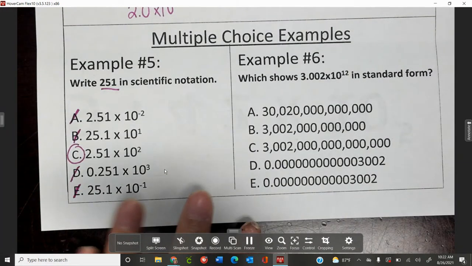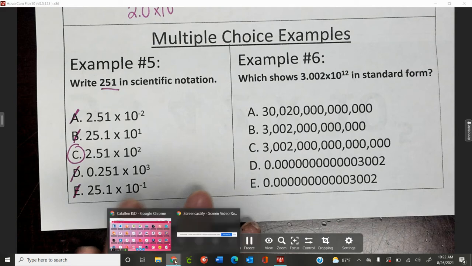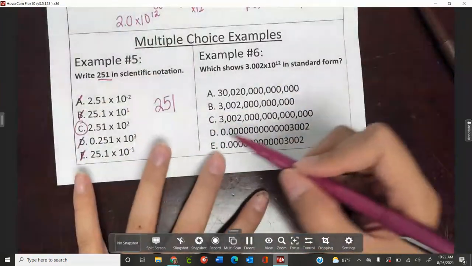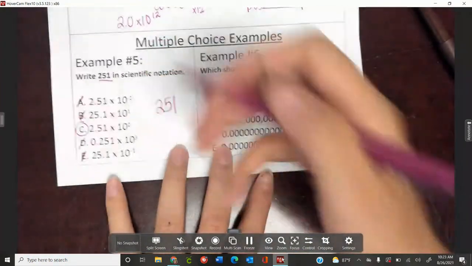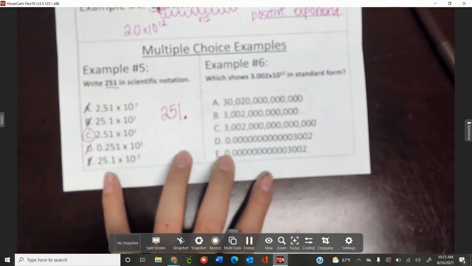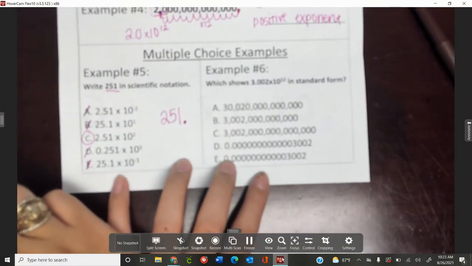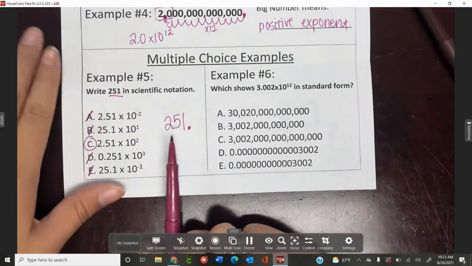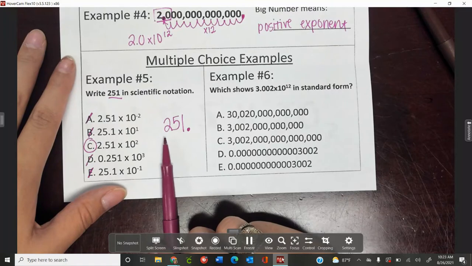But it's not always going to be that easy. So here we have written 251. So remember, your decimal gets placed at the very end of your number. Now you're starting off from the very left, trying to determine where your first number is that is 1 through 9. So starting off at the left, I have the number 2.